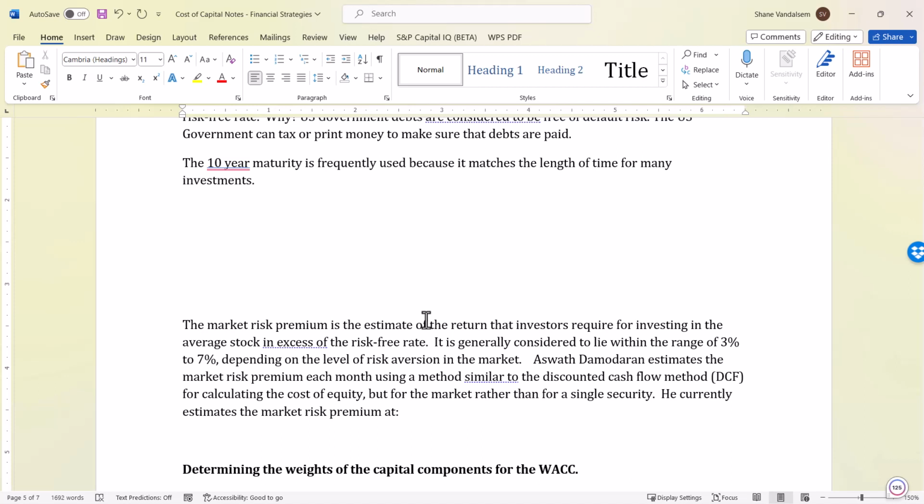So when times are good and the skies are blue and people feel good about the future, that market risk premium goes down. The required return in excess of the risk-free rate decreases. When people are fearful about the future, or they feel like there could be a lot of volatility coming, that market risk premium increases. Let me show you what happens as a result of that.